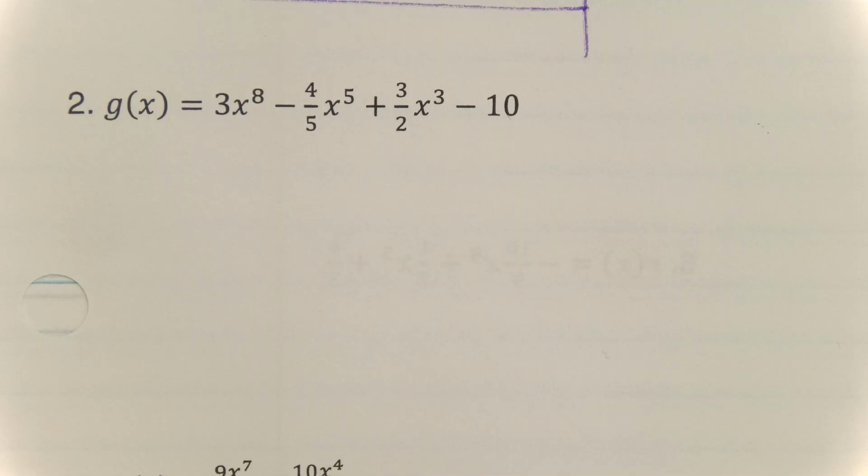Subtract 1 from the exponent. You have to do it to every single thing in the equation. This is a constant.